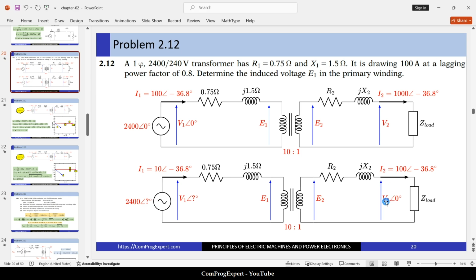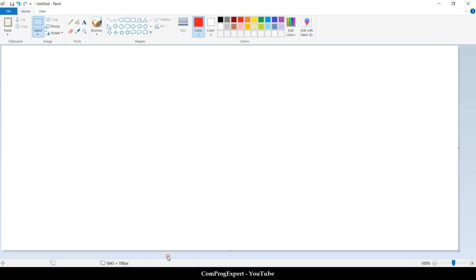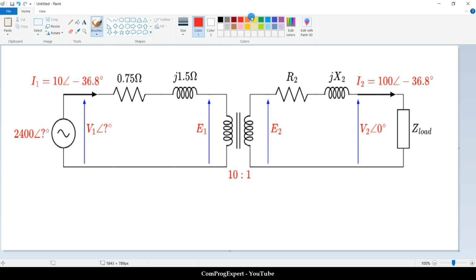Okay. So in this case, we can calculate I1 using the transformer turns ratio. Here it is 100. The ratio is 10 to 1. So the value of the current for the primary will be equal to 10. And if we neglect the voltage drop for these two elements, we don't have any information.